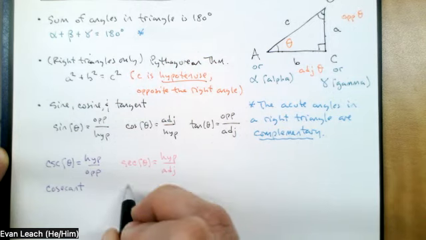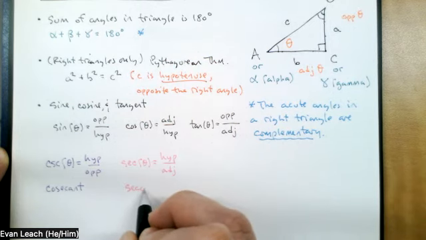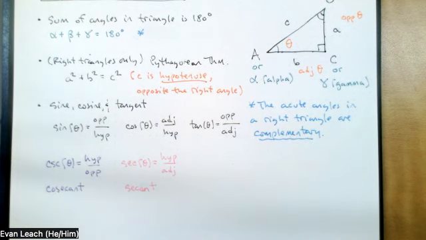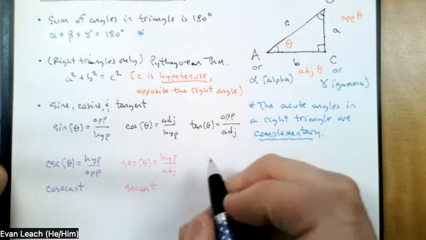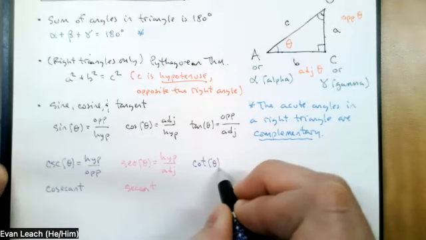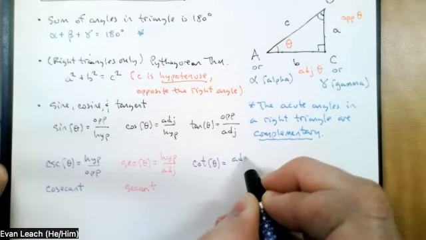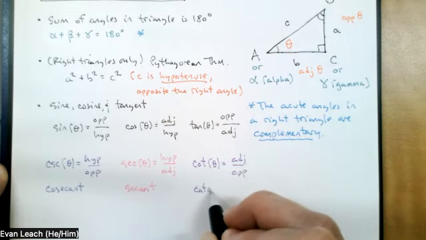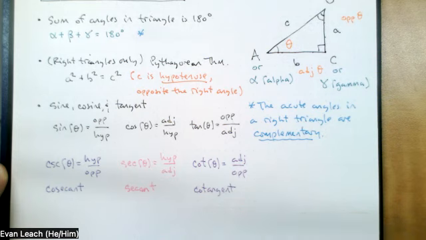This is just the secant function. Secant is the reciprocal of cosine. Cotangent, abbreviated COT, is adjacent over opposite. Cotangent is the reciprocal of tangent.